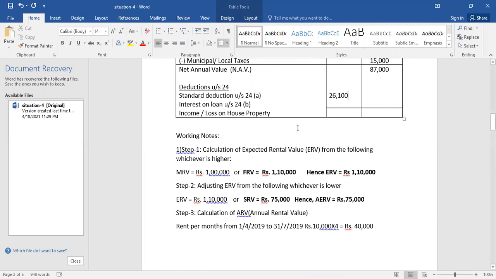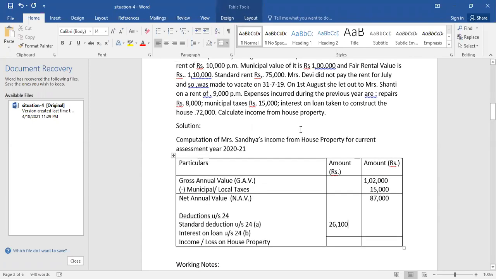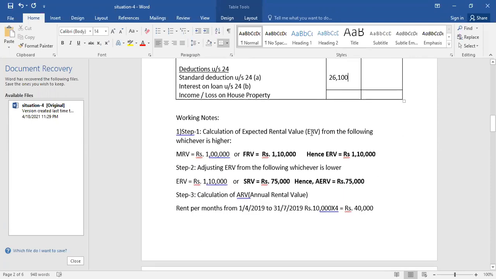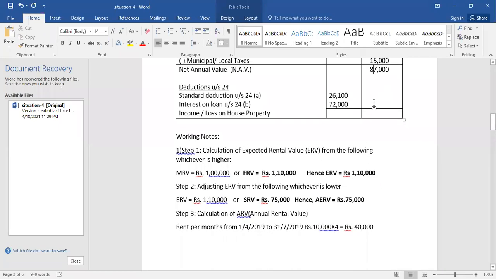So this 26,100, we have to write here. And interest on loan, is there any interest on loan that has been taken and paid? Yes. Interest on loan is 72,000 as per the problem, correct? Yes, guys, are you with me? Hello? Yes, sir. Yes, now we can hear you. Yeah, 72,000. Interest on loan is 72,000.